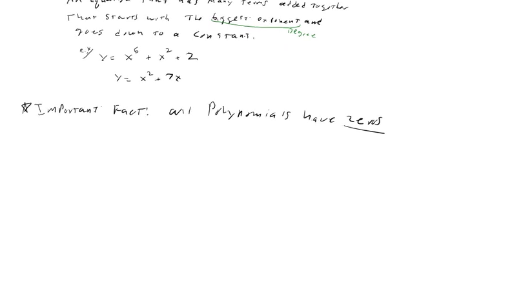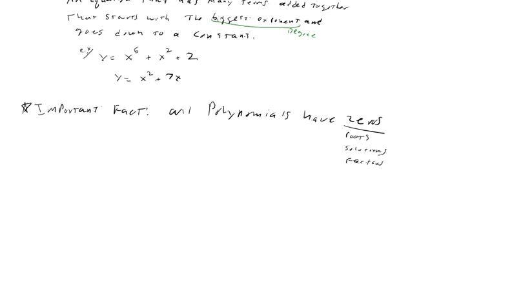Zeros are also things called roots. They're also called x-intercepts or solutions. And they're also called factors.